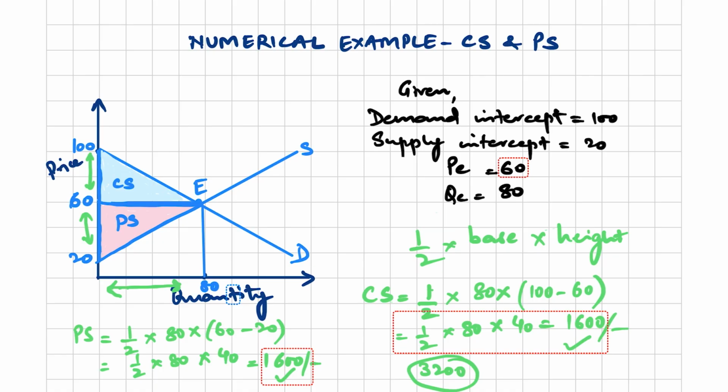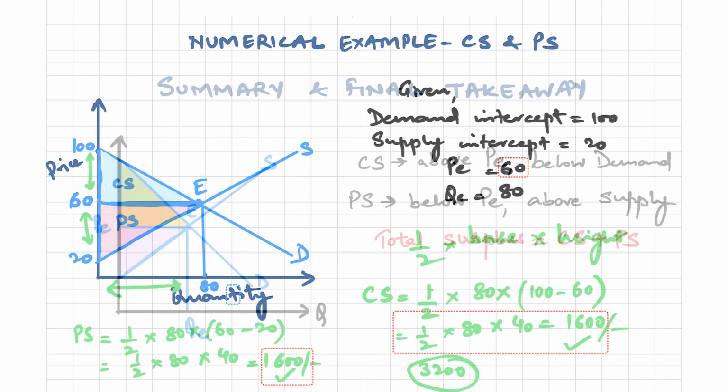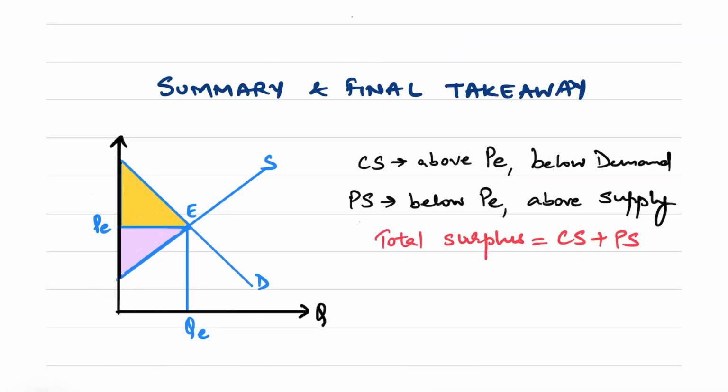Now let's wrap this up with a quick summary. Let's quickly summarize what we have learned. Consumer surplus is the extra satisfaction buyers get because they pay less than their willingness to pay, and producer surplus is the extra earnings sellers receive because the market price is higher than their minimum acceptable price. At equilibrium, consumer surplus plus producer surplus gives us the total economic surplus, the total gain to society from this market.